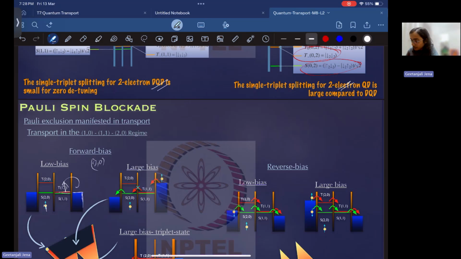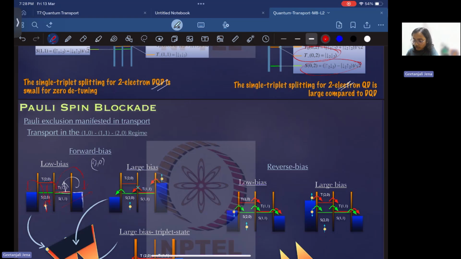Now we can add a spin-down state. This spin-down state can now tunnel to this side, because this right side can accommodate both spin up and spin down. But for the left side, there is already a spin-up state. That means this spin-down state can now go to this singlet state.